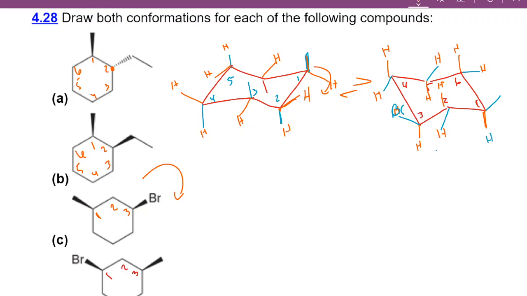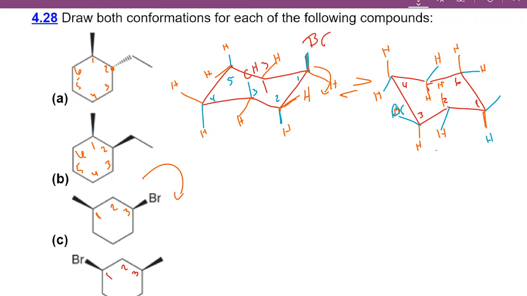That's exactly the same, except instead of the bromine, we have a methyl. At carbon 1 we've got bromine, and at carbon 3, up, we've got methyl. They're just swapped. They're not the same molecule, but they wouldn't be any different in energy.